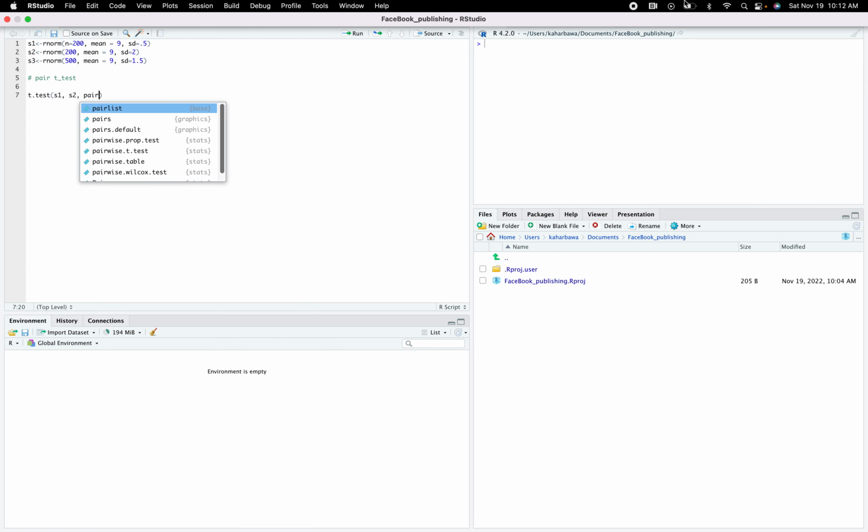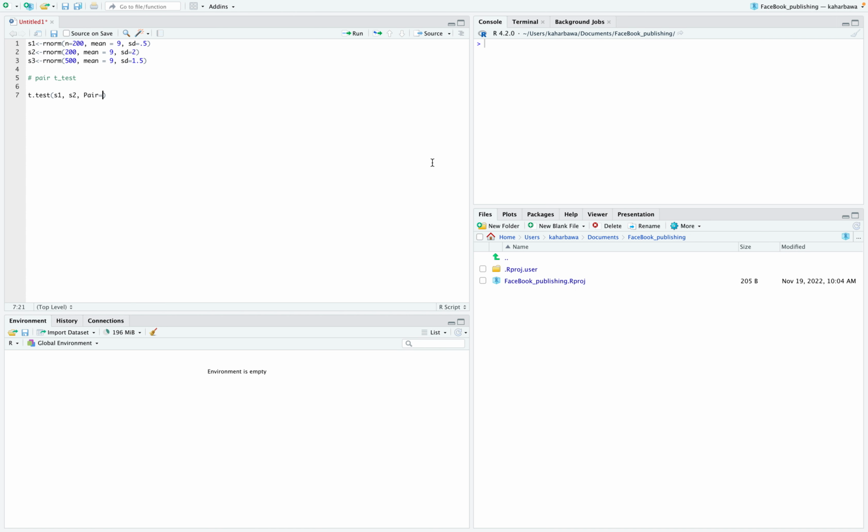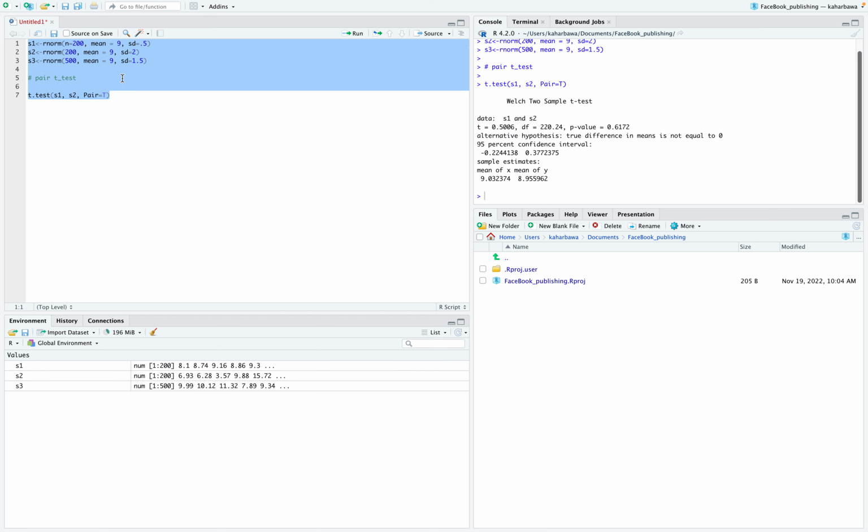Paired equal to true, because this is a paired t-test, right? And I want to use a paired t-test. So let me first of all run this, and I can actually run everything all together anyway. Great. So here is my t-test.